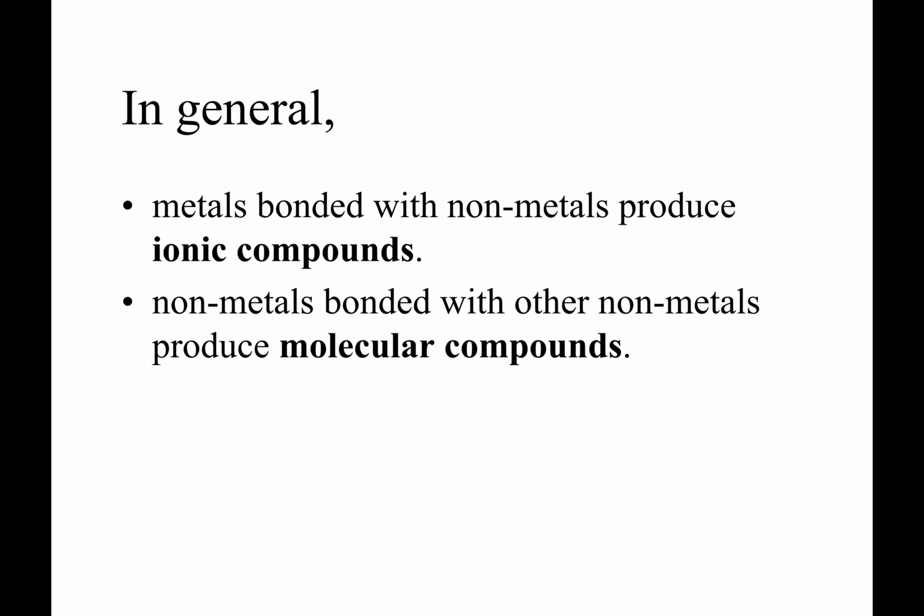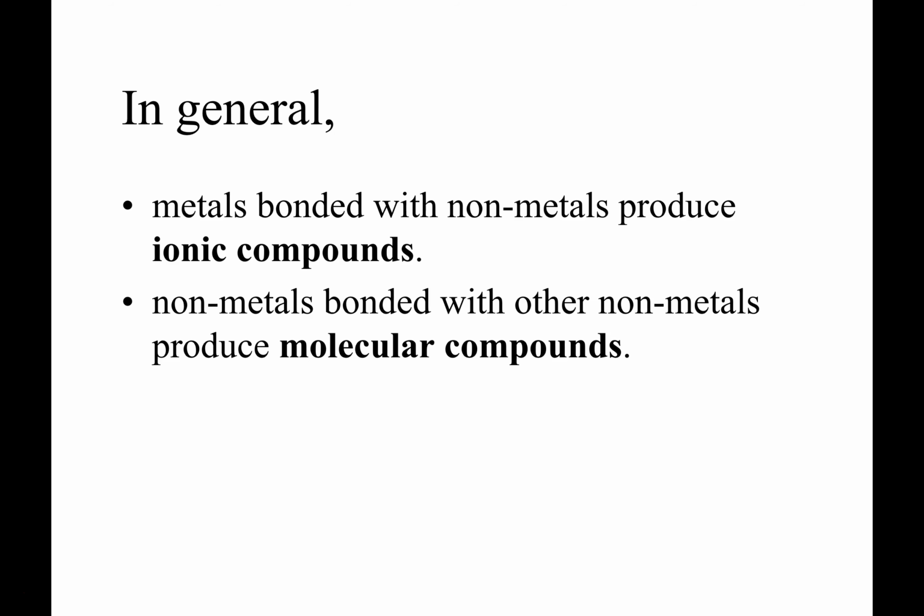All right, so what else do we have? Again, something to compare and contrast. In general, and this goes under ionic compounds, we have metals bonded with nonmetals. I'll put it this way, especially when you contrast it to molecular compounds: ionic compounds have at least 1 metal in the formula. There are some exceptions.